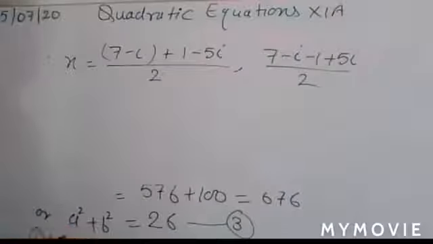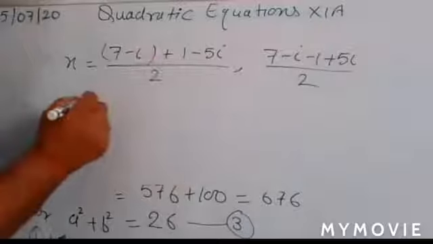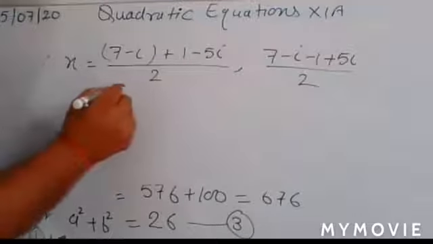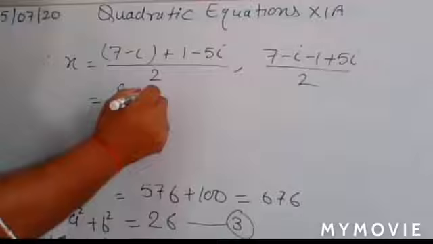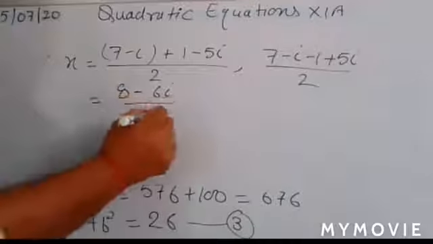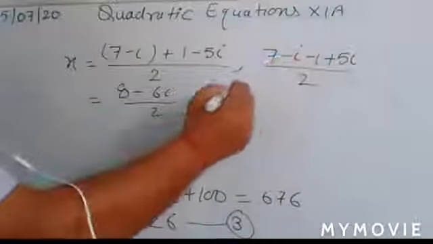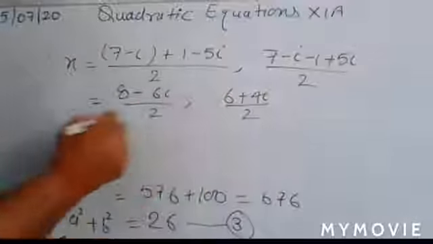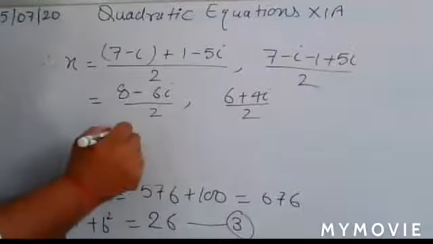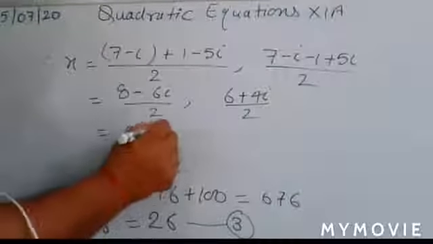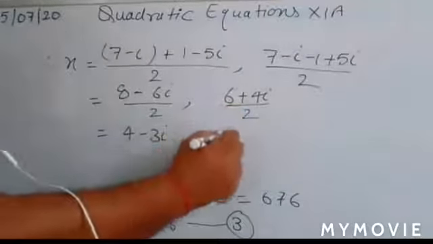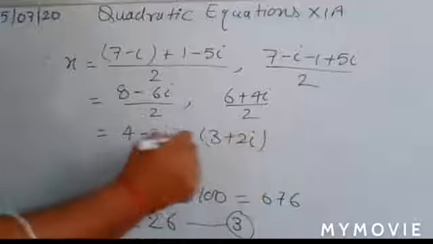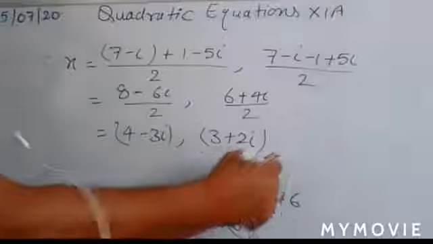Simplifying, you have 8 minus 6i by 2, and 6 plus 4i by 2. Taking 2 common, you have 4 minus 3i and 3 plus 2i. So that is your solution.